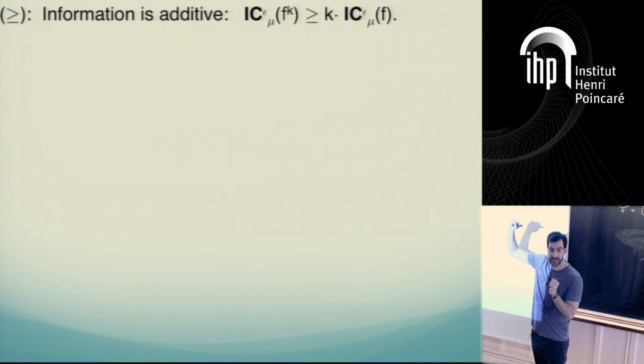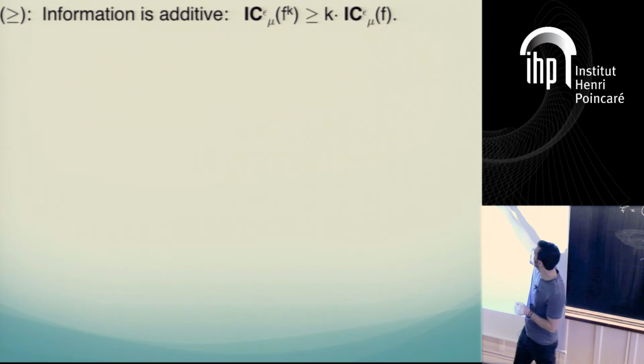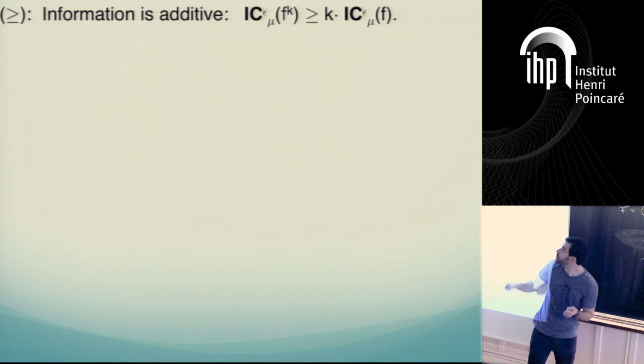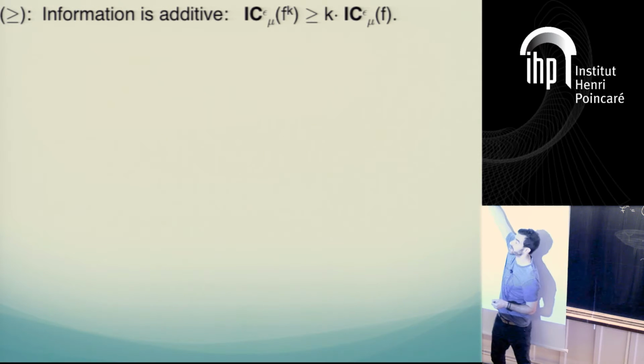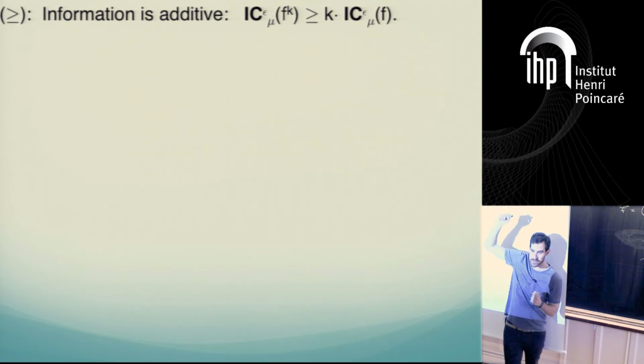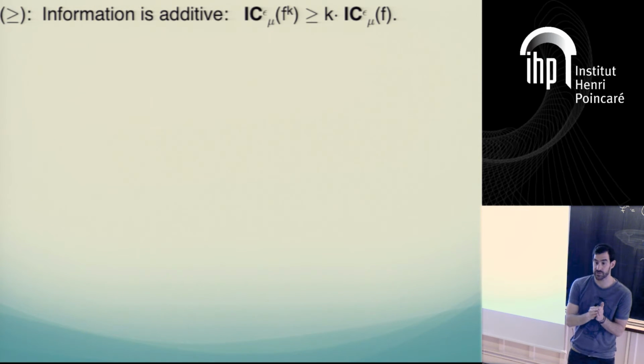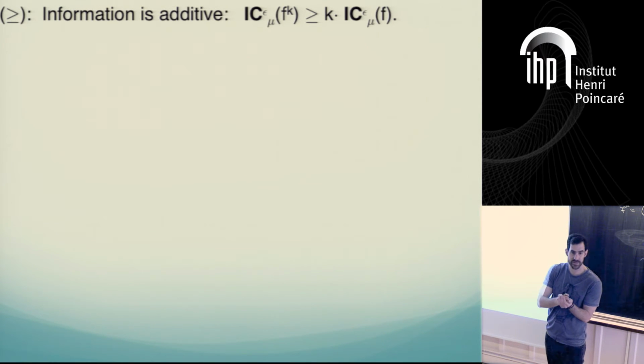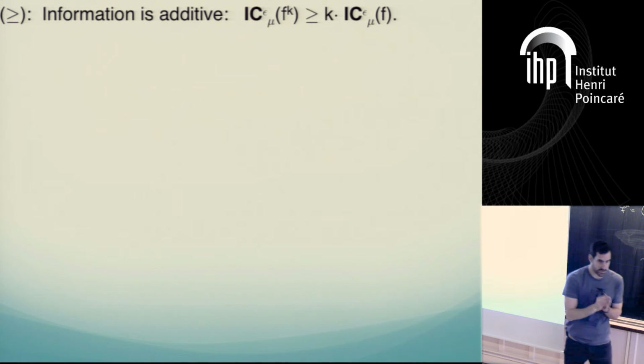And what I claim is that it suffices for this direction to prove an inequality here: that the information cost of computing k independent copies, again, this should be mu to the k, of any interactive task, of any function, with per copy error of epsilon, equals precisely k times the information cost of a single copy. So it's a strictly additive measure.